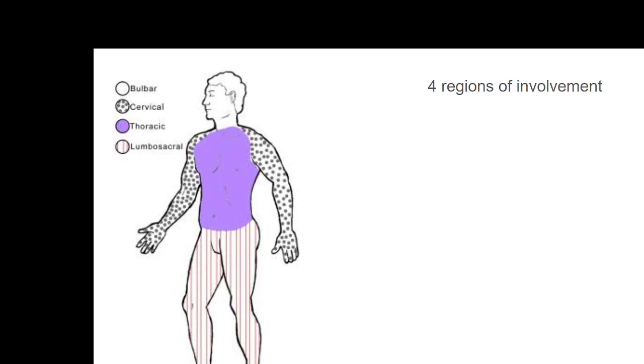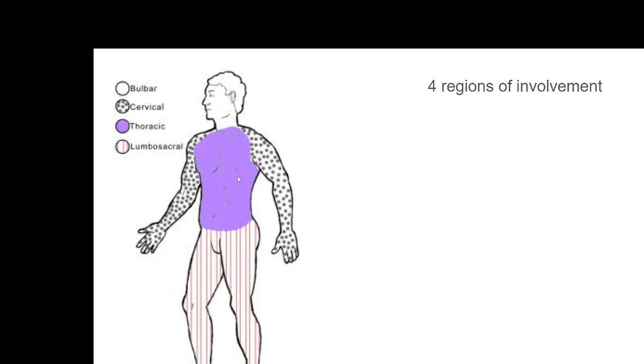As far as the clinical presentation is concerned, amyotrophic lateral sclerosis is categorized into 4 regions of involvement. Bulbar involvement, where the nerves and muscles related to the face and swallowing are affected. Then cervical, where the upper limb is involved.